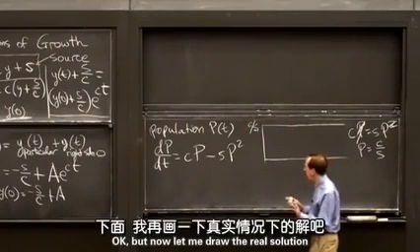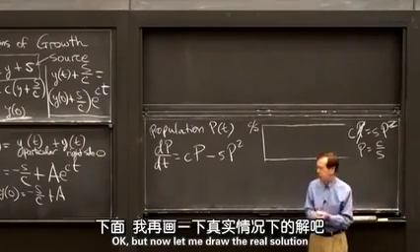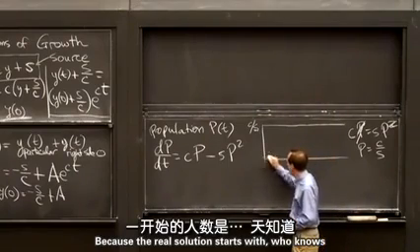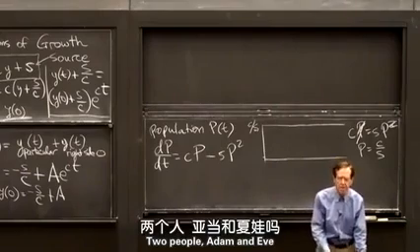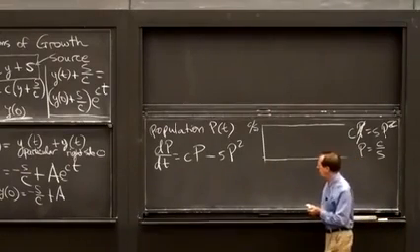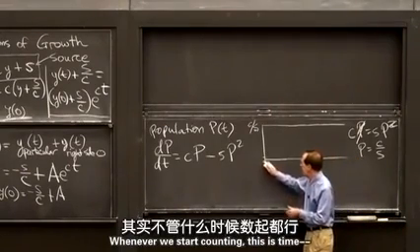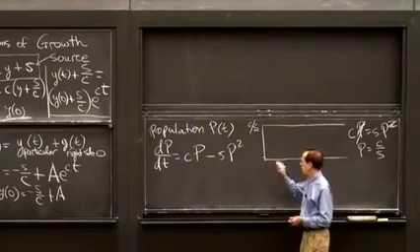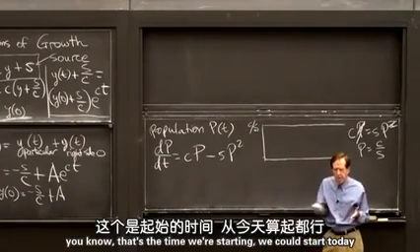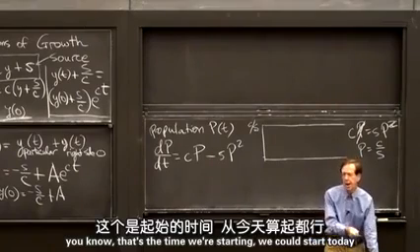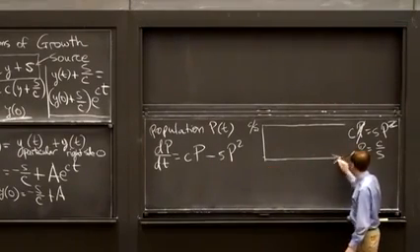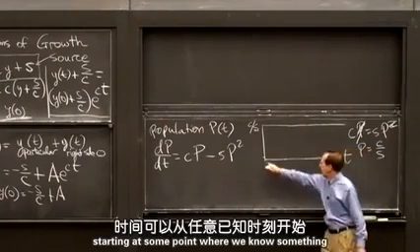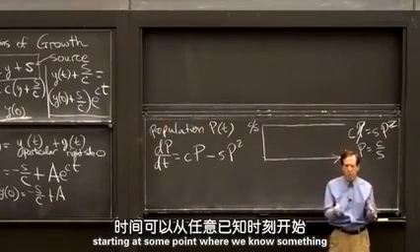Okay, but now let me draw the real solution. Because the real solution starts with, who knows, 2 people, Adam and Eve, 100 people, whatever. Whenever we start counting, this is the time that we're starting. We could start today, starting at some point where we know something.